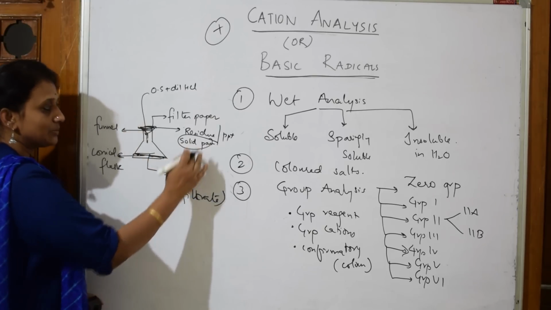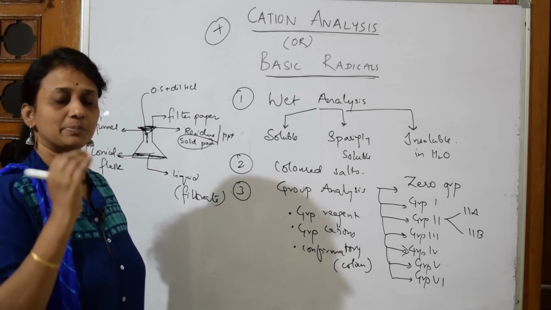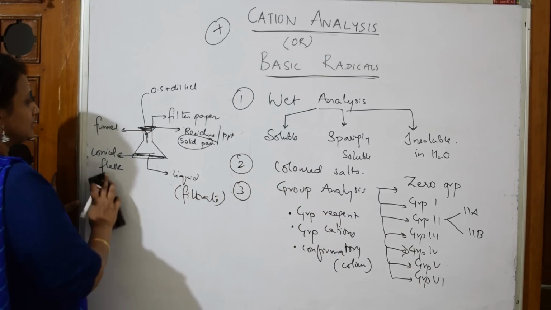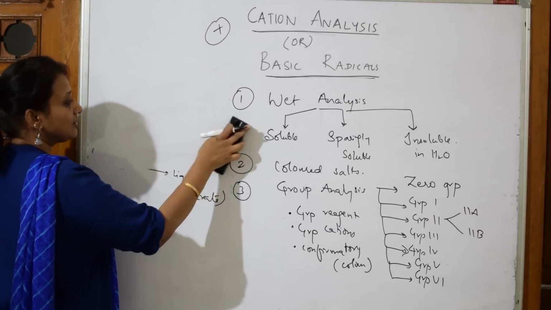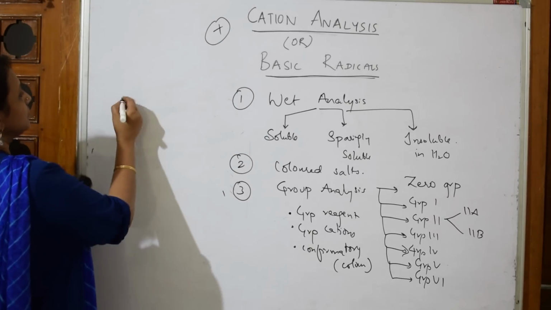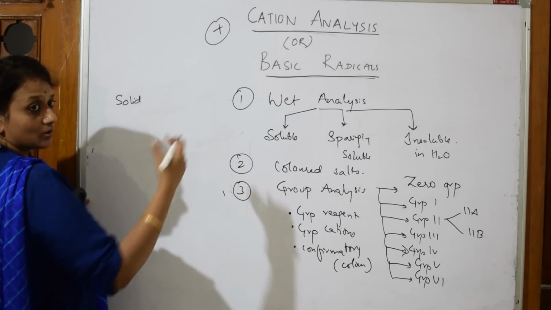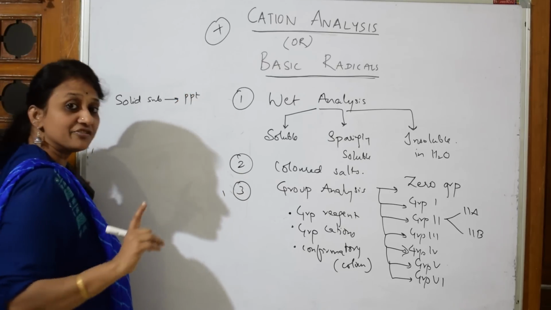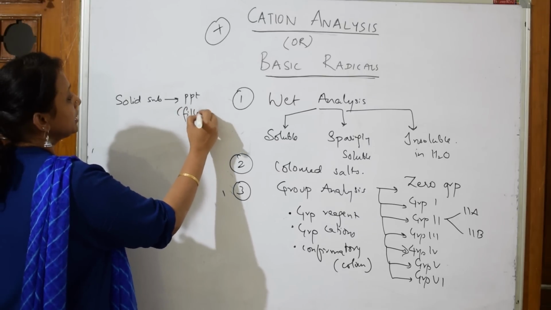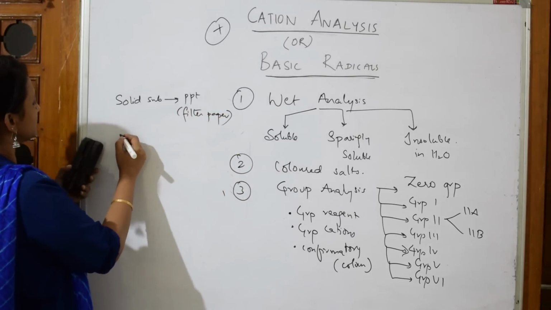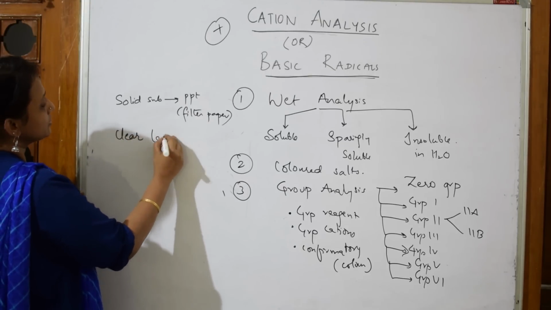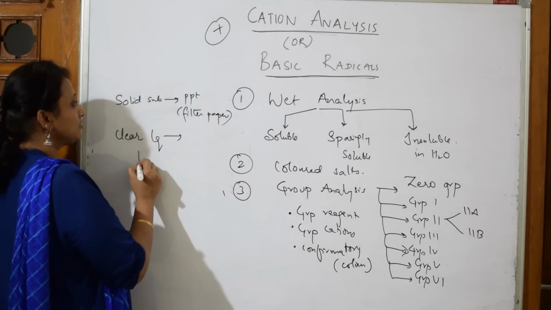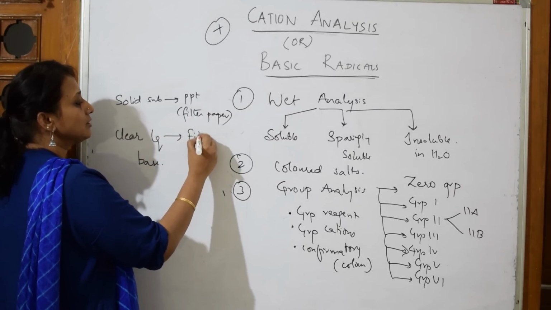Don't get confused, students, because I'll be using precipitate, filtrate or residue, filtrate every time in all the groups. So once again, two things you have to remember. The solid substance left on the filter paper is called the precipitate. And the clear solution, with a little bit of the color of the reagent you added, which is at the base, is called the filtrate.